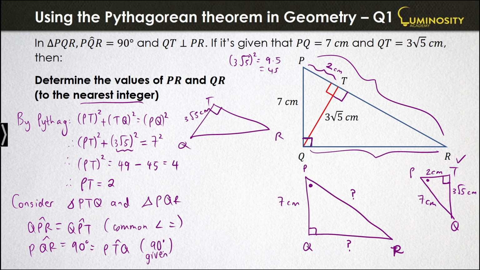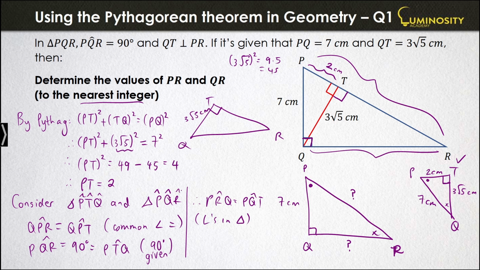All right, so therefore, the last angles here must be equal to each other by angles in a triangle. So angle PRQ is equal to angle PQT. That is by angles in triangle. So I've shown angle P is equal to itself, common angle. I've shown angle Q equals angle T by 90 degrees given, and I've shown now that angle R equals angle Q by angles in a triangle. So those 2 triangles are indeed similar to each other.